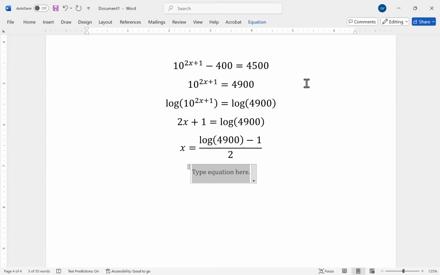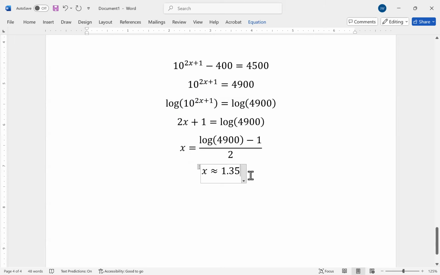Now, in order to get this, there is that log base 10 key on the calculator. So all I would do is use that. Make sure that the minus 1 is not in the argument. And then when you divide by 2, make sure that that is also not in the argument. But the x is approximately 1.35, rounding to 2 decimal places.